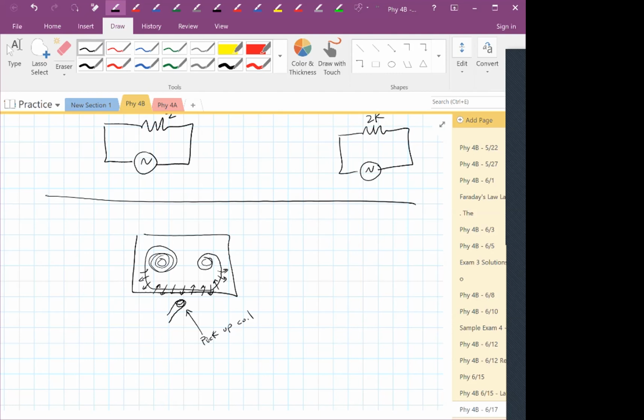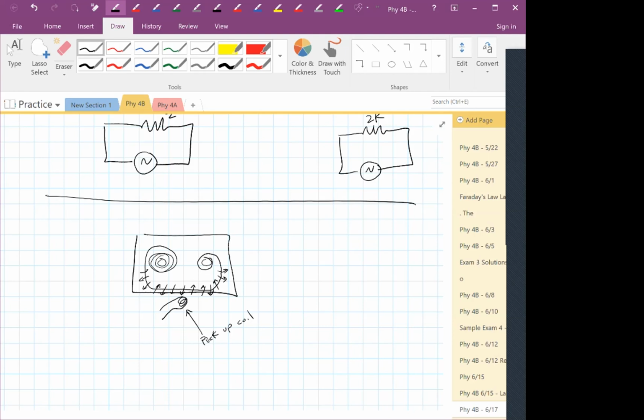So the magnetic poles are oriented on that tape, and the tape has to move across the pickup coil. There has to be a change in flux. There has to be motion to generate a potential in that coil that you can then amplify and send to a speaker.